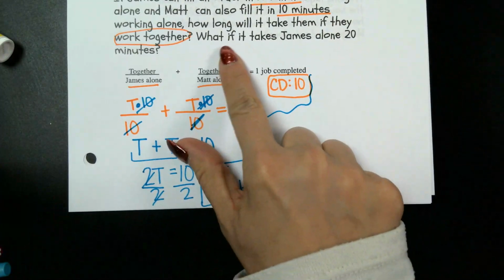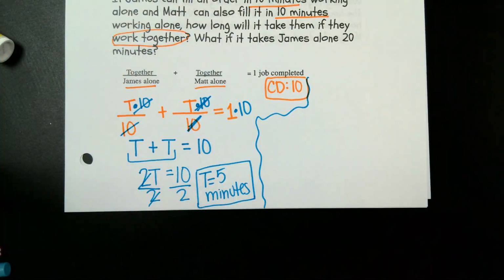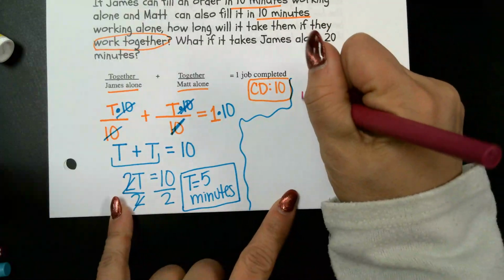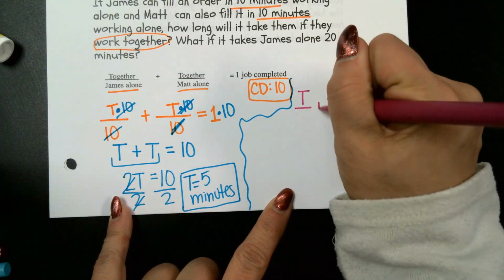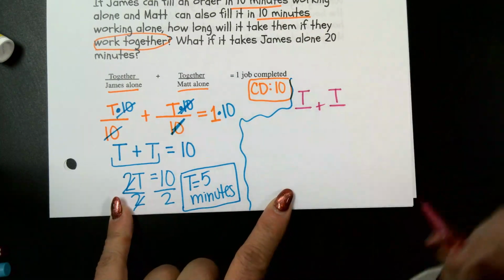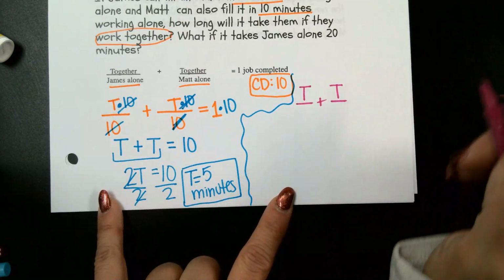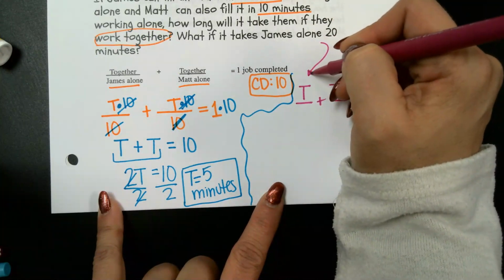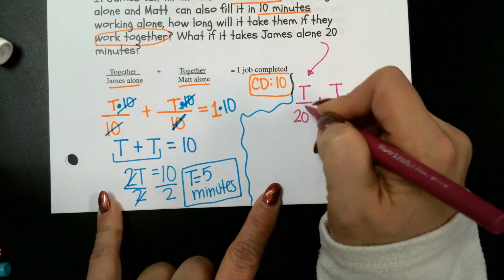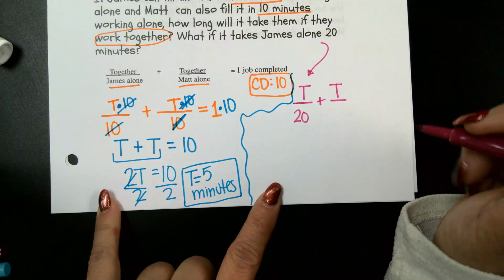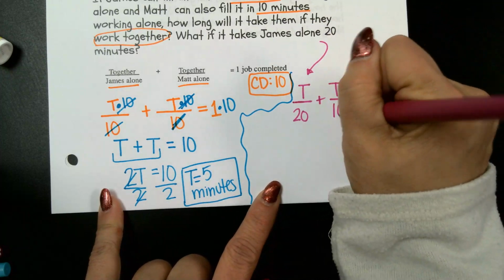So if you keep reading, it says, what if James took 20 minutes by himself? They're not changing the amount of time it takes for Matt, but instead of James taking only 10 minutes, now we're going to say James is going to take 20 minutes by himself. Matt is still going to go a little bit faster.